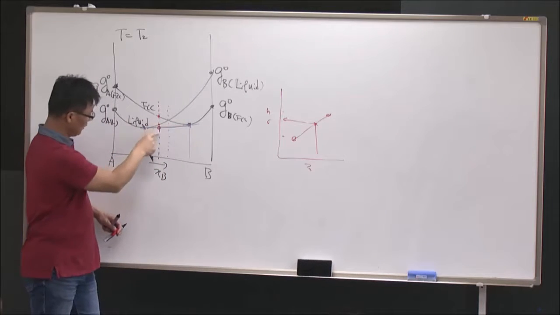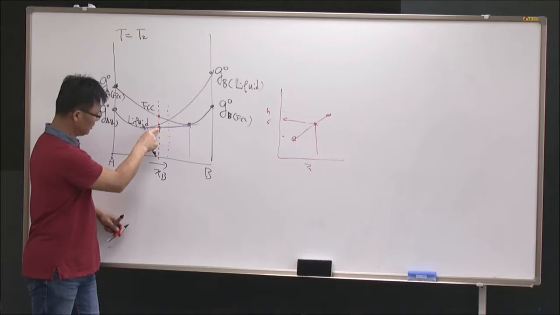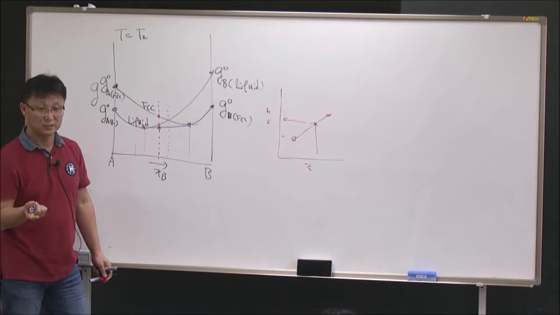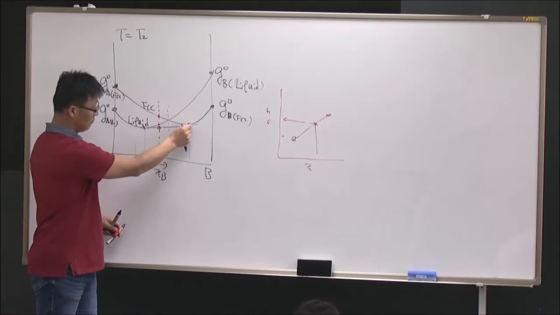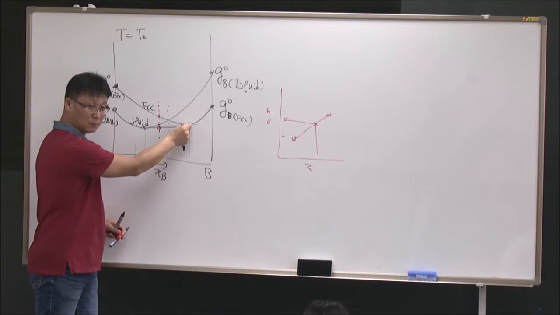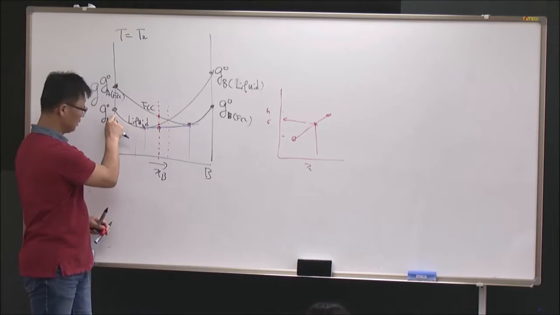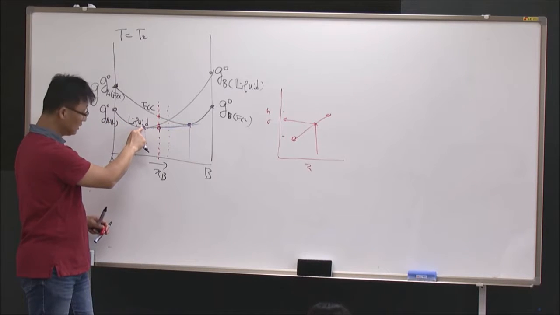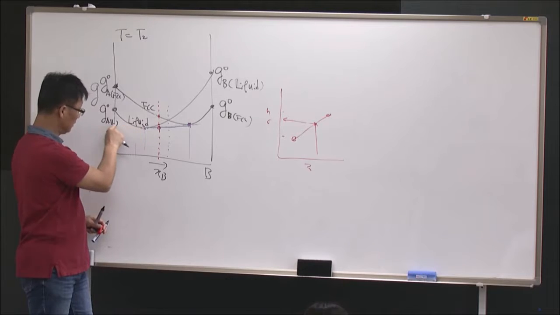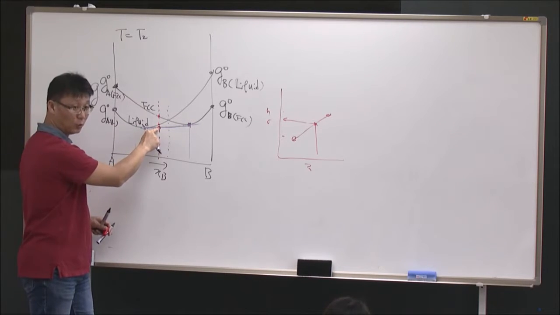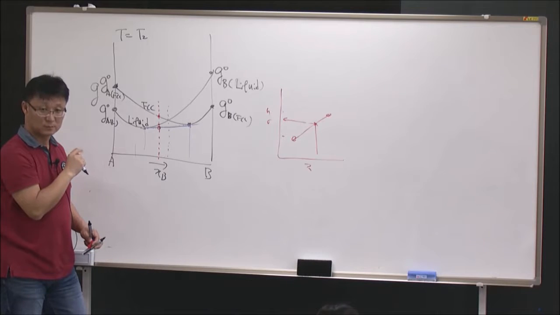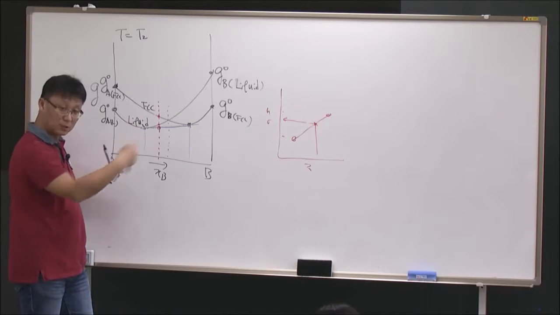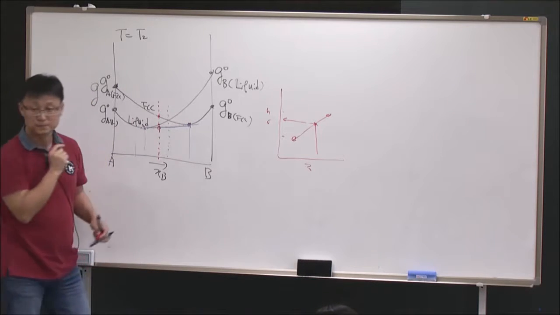So I have these two common tangent points, and if I take a fraction of this one, I can make this Gibbs energy. The fraction I take is the amount of that phase. So if I take 40% of this phase with this composition, that will give this Gibbs energy here. If I take 60% of this one at this composition, then I can make this overall composition. So the mass balance is the fraction, and the sum of these two Gibbs energies should be here.